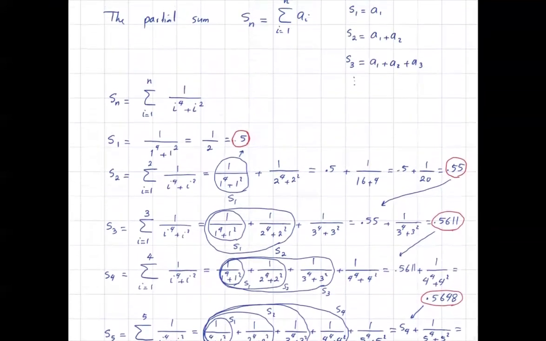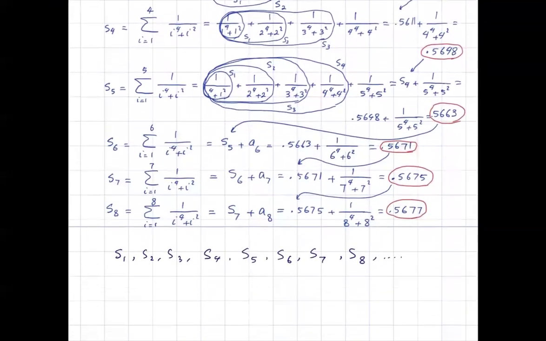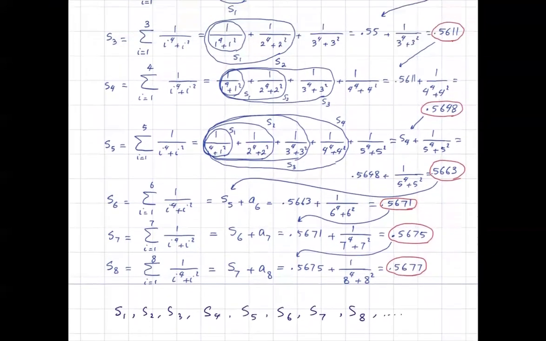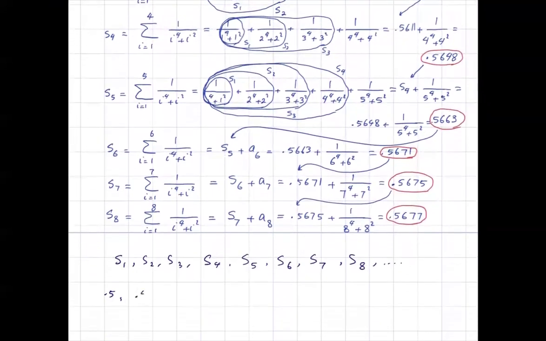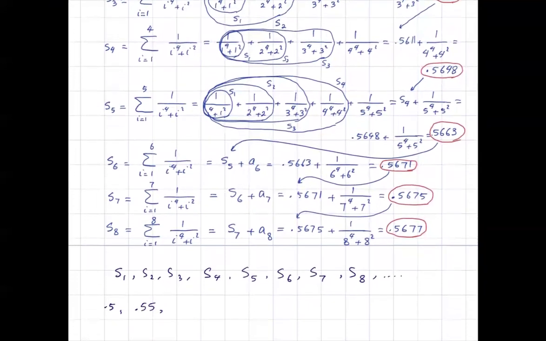So my S sub 1 is 0.5. The second sum, S sub 2, is 0.55. S sub 3 is 0.5611.